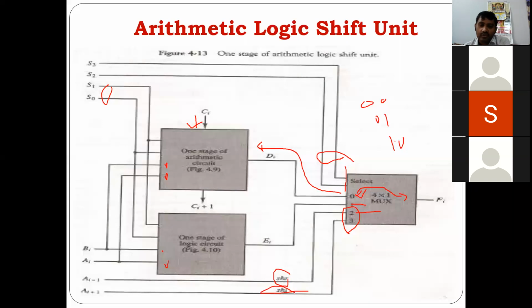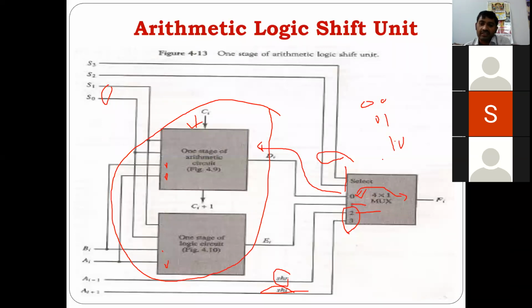See, these two are not connected to this particular circuit. These two will be operated based on S1, S0, but this is operated based on S3, S2.